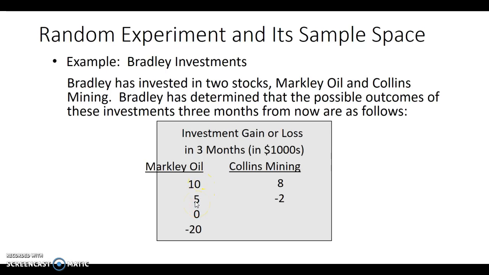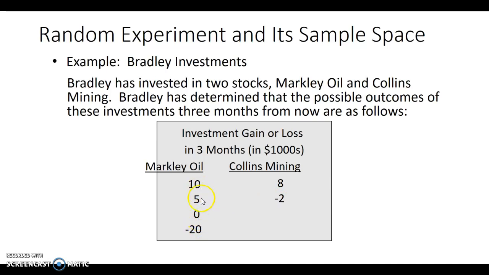If we got $5,000 from Markley Oil, we could get that plus an $8,000 gain from Collins Mining. That's one potential outcome. Or we could still get that $5,000 gain from Markley Oil and lose $2,000 on Collins Mining. That's 2 more outcomes. We can do the same thing here. If we broke even on Markley Oil, we could break even and still make $8,000 on Collins Mining, or we could break even and lose $2,000 on Collins Mining.